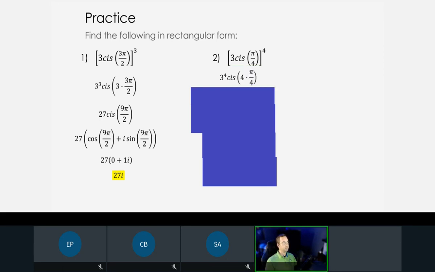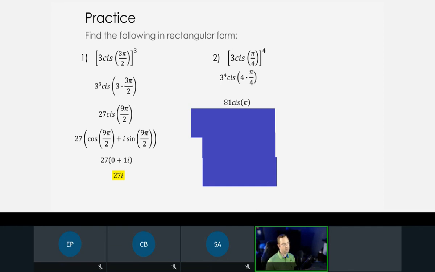There's the setup. 3 to the fourth power. I think if you type it in, it's 81 maybe. It is 81. Yep. And then 4 times pi over 4 is just pi. All right, then we're going to write this shortened form into the expanded form.